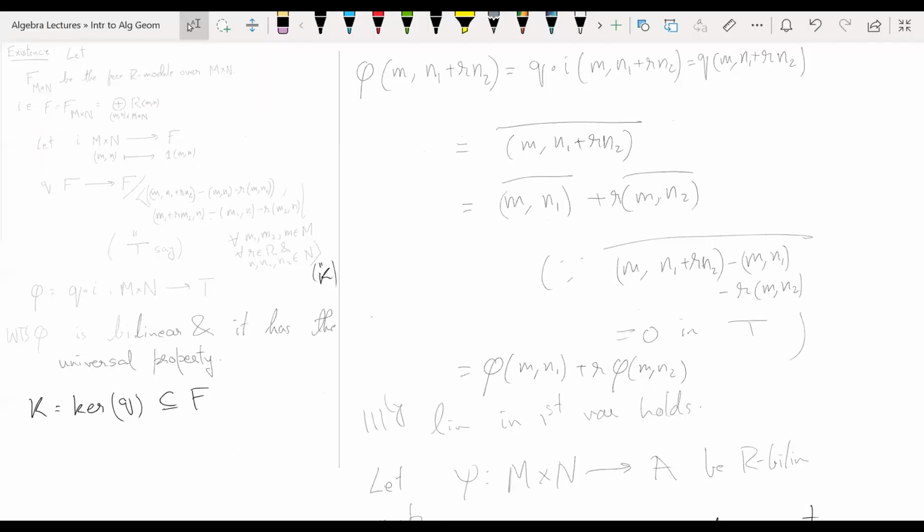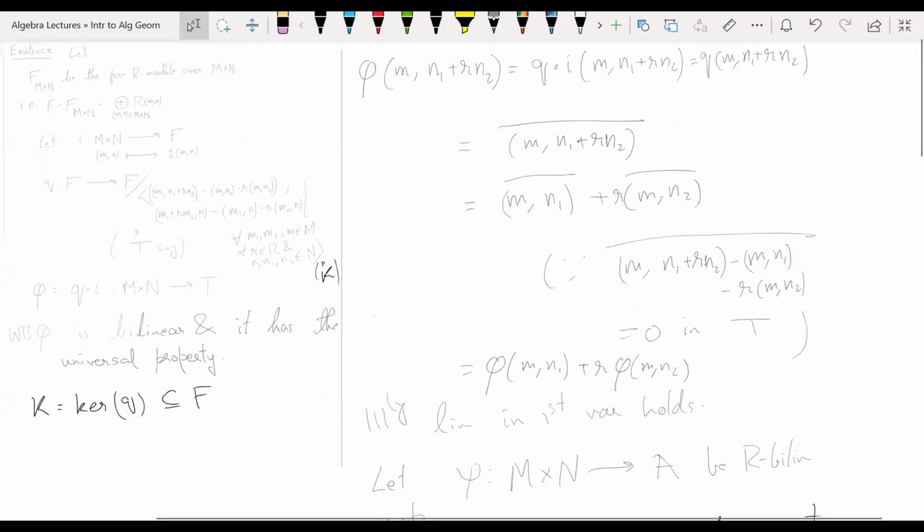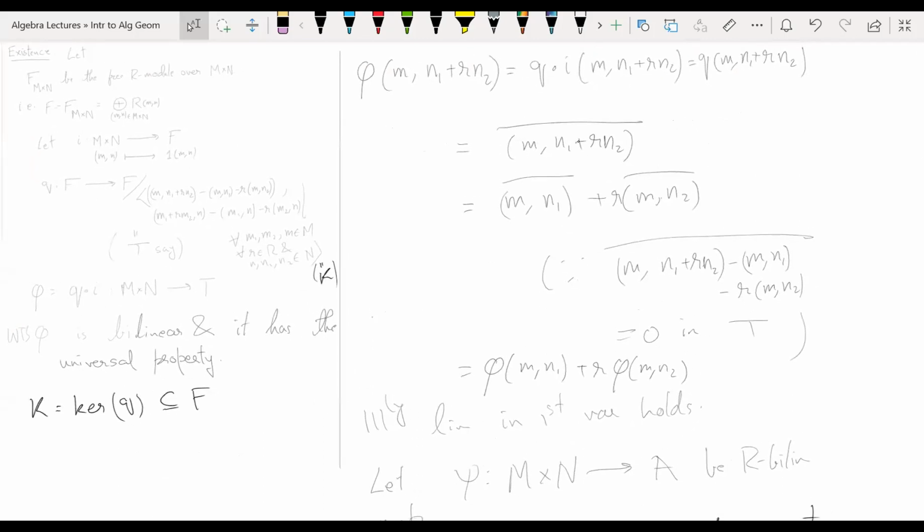This is the same as Q composed with I of (m, n1 + r n2), but I does nothing. It just sends it to I of (m, n1 + r n2), which is just Q of that pair. I just sends it to 1 times that guy.